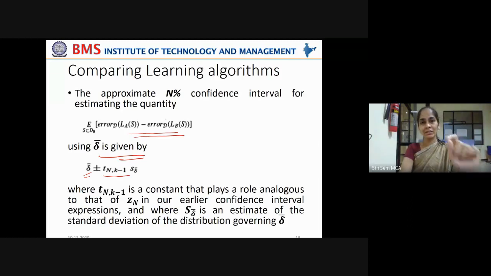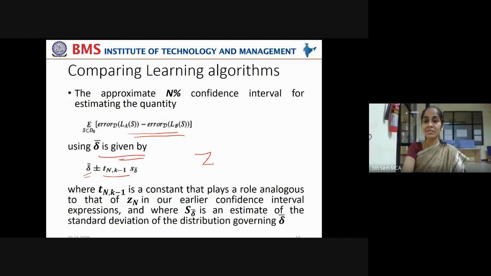If you focus, it is very easy to understand, right? So what is this delta bar? This delta bar is the mean error across all the partitions, which measures the difference in the errors between two learning models LA and LB. That is delta bar plus or minus. What is this T now?